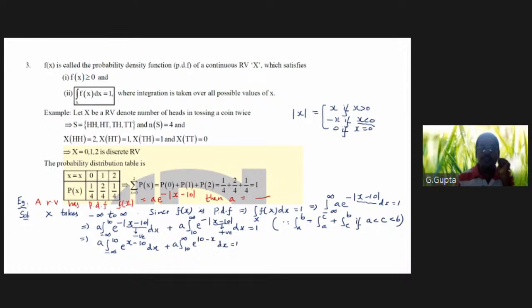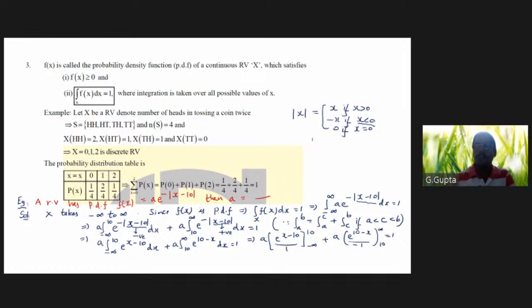This implies a times the integration of e to the power x minus 10, dividing by the x coefficient 1, from minus infinity to 10. Similarly, plus a times the integration of e to the power 10 minus x, divided by the x coefficient minus 1, from 10 to infinity, is equal to 1.